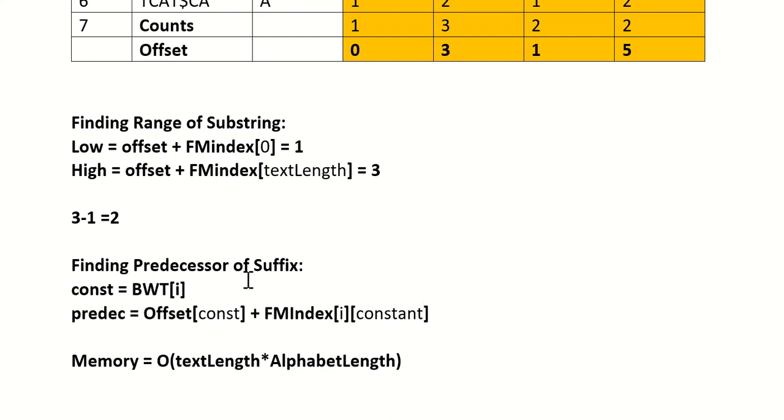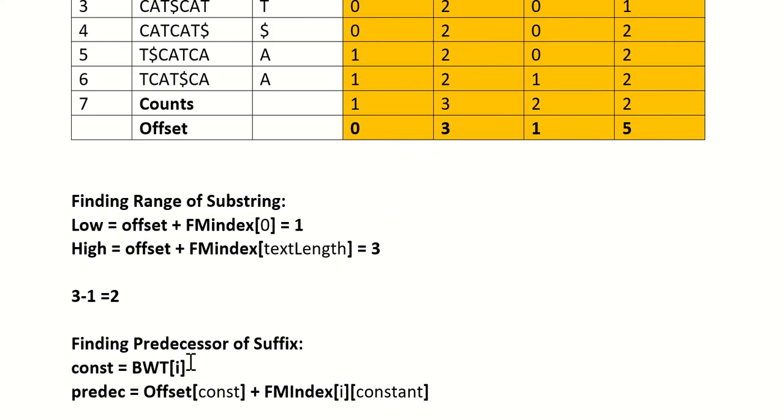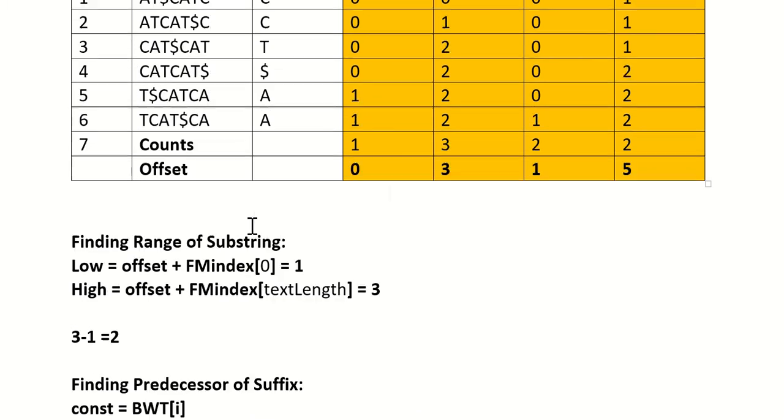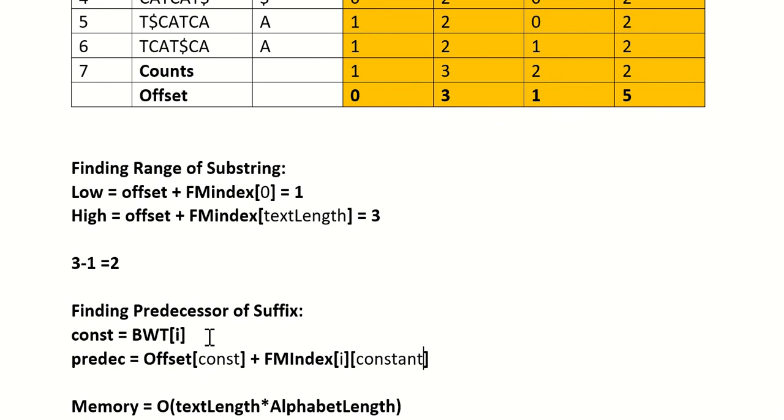Let's look at the BWT at some point, so let's say the BWT right here is equal to C. So that's what the constant would be equal to.